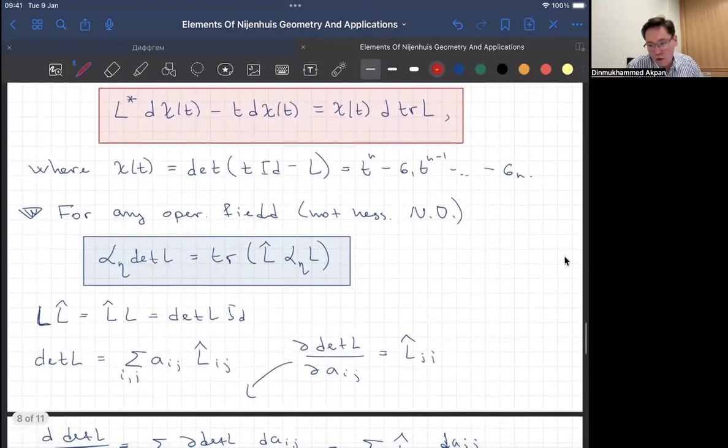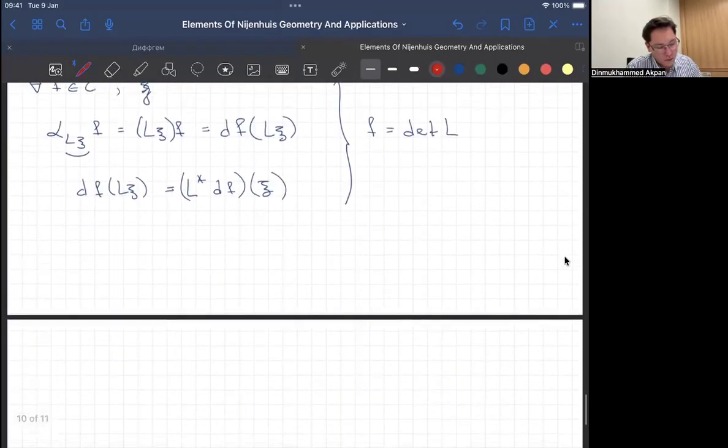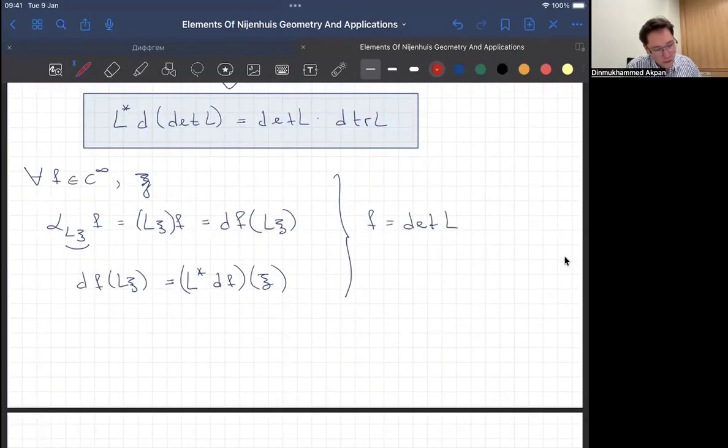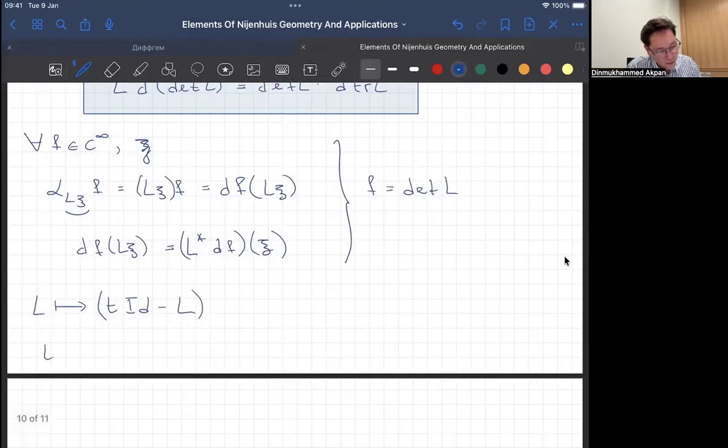To do it, I need to just replace L here with t identity minus L. Then we have t determinant of t identity minus L minus L star.